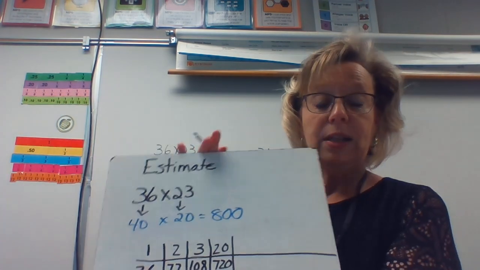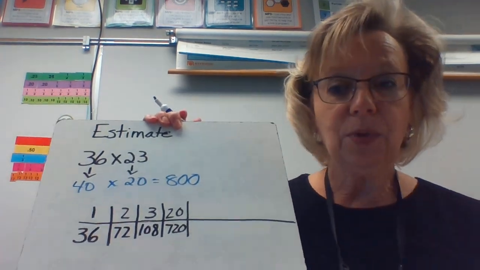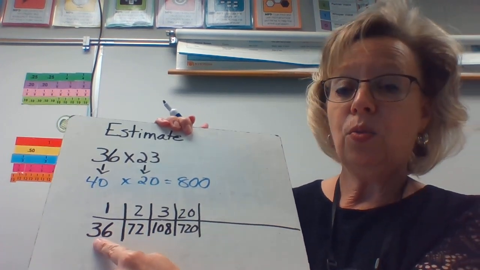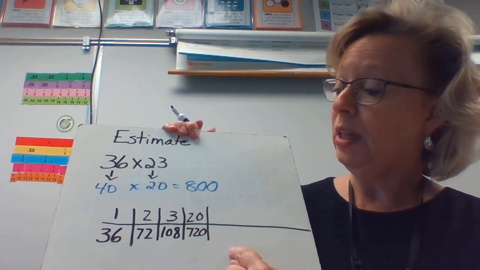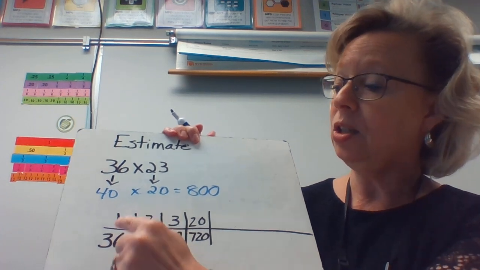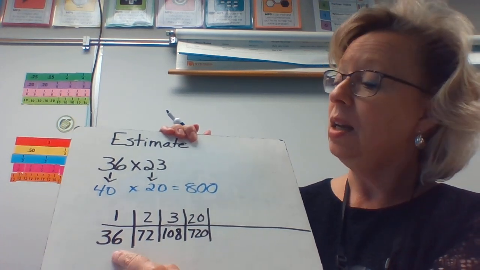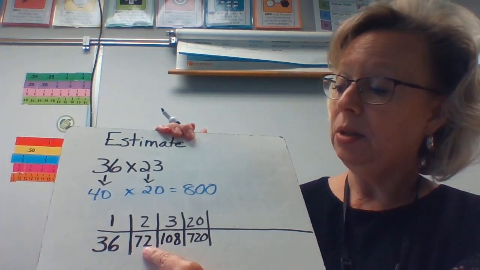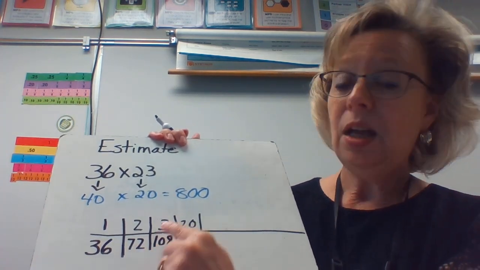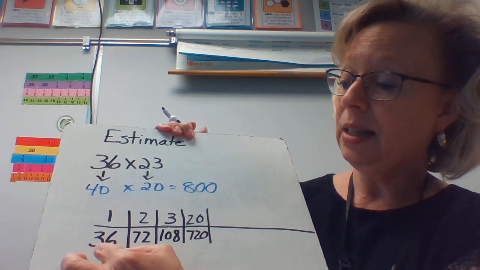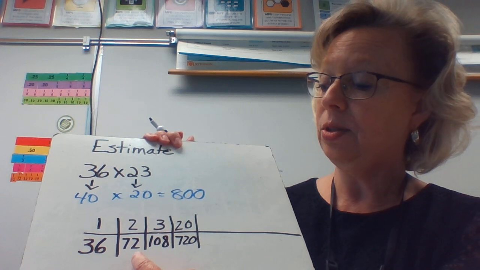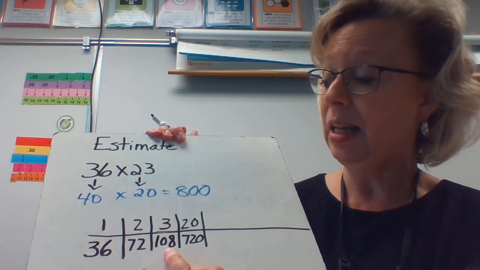One strategy we've used so far is the ratio table. I could count by 36, 23 times. 1 times 36 is 36. 2 would be doubled, which is 72. 3 times 36 would be 36 plus 72, which is 108.